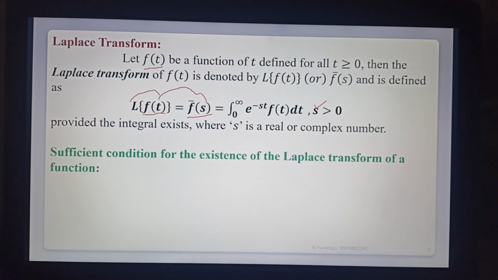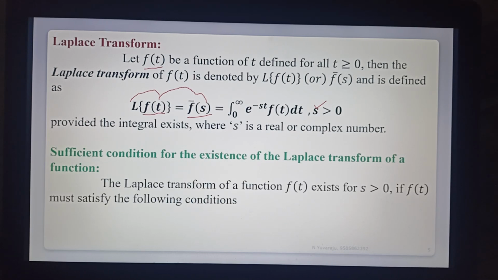Now the sufficient condition for the existence of the Laplace transformation of a function. This is one of the conditions only. When the Laplace transformation exists for any given function, it satisfies this condition: the Laplace transformation of a function exists for s greater than 0 if f of t satisfies the following conditions.